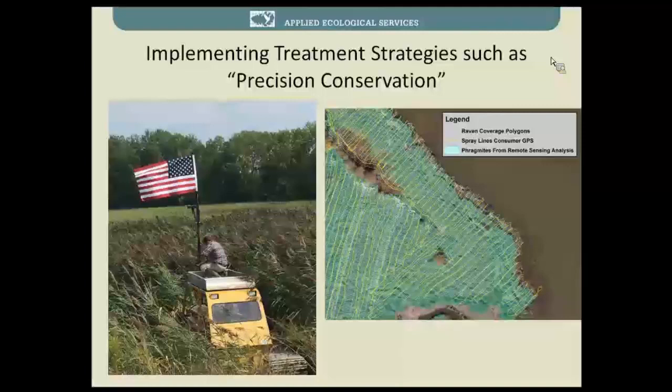And I think the most favorable responses that we've seen have occurred in areas where the treatment was focused on the Phragmites and not just general broadcast spraying that might have rained down on everything, even the native plant communities that were below the Phragmites.